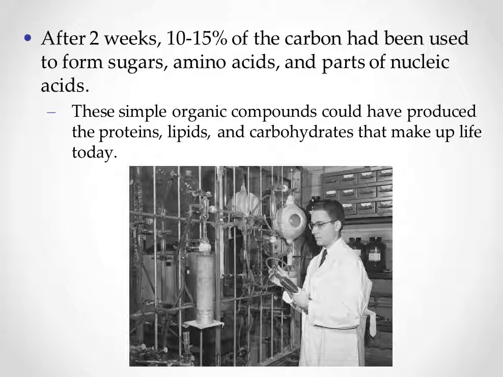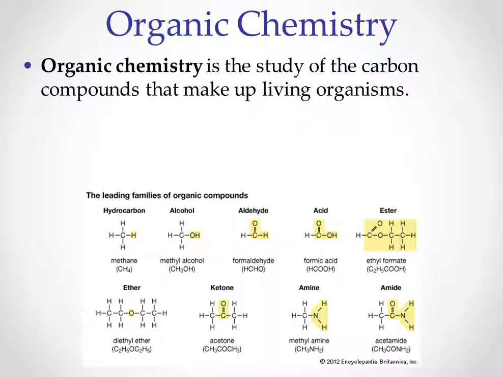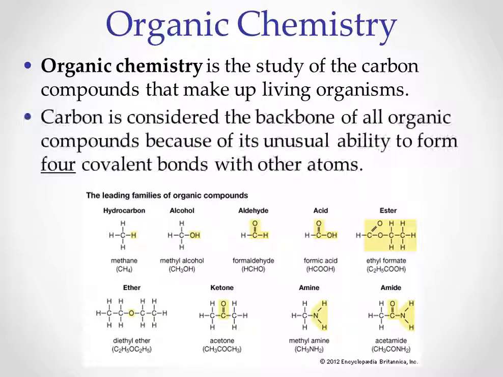Now, after about 2 weeks, they noticed that the majority of the carbon from carbon dioxide, as well as the other. So, organic chemistry. Basically, what that means is if you are organic, you have got to be made out of carbon. So, if we look at all of these leading organic compounds, hydrocarbon, alcohol, alanine.